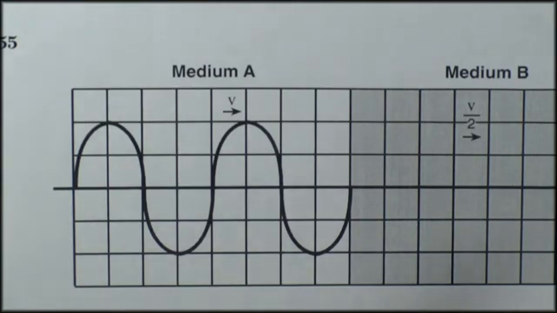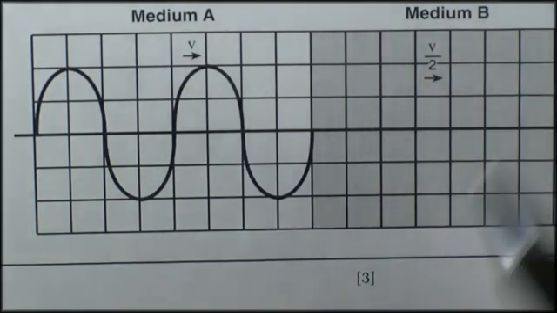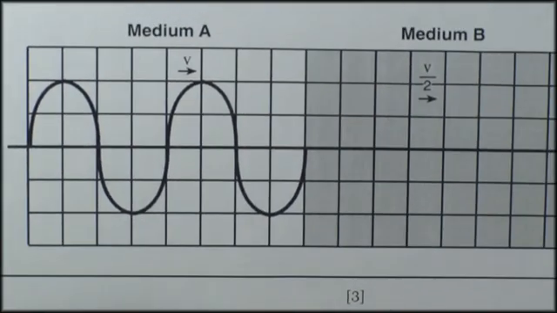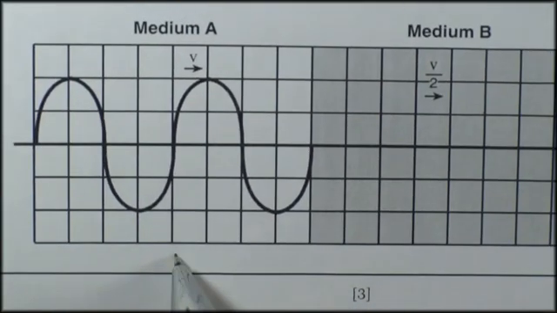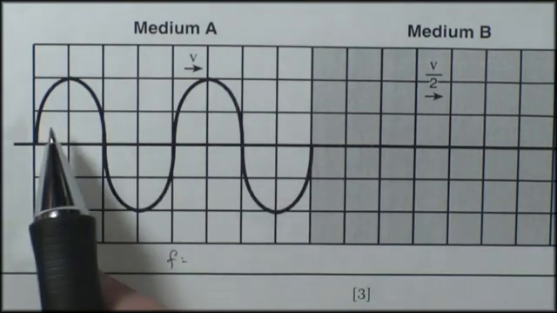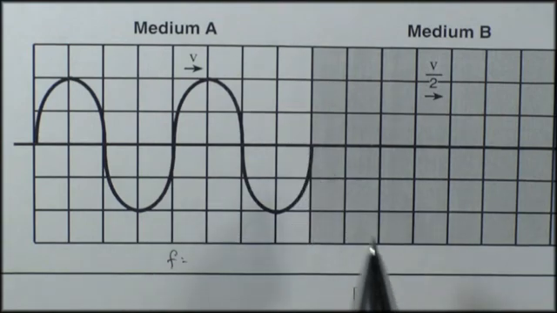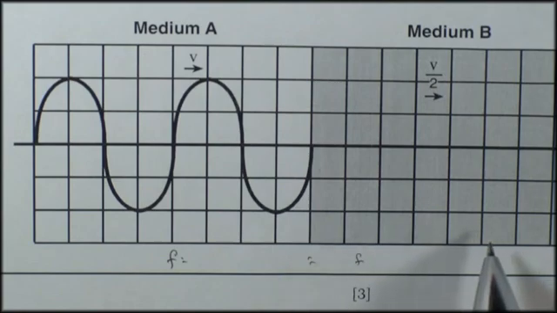But let's do this. When the wave hits, a couple of things must be remembered. One, the frequency can't change. If I've got 10 waves per second hitting this material, let's say this is light in air going into glass, I have to have 10 waves per second inside the glass.